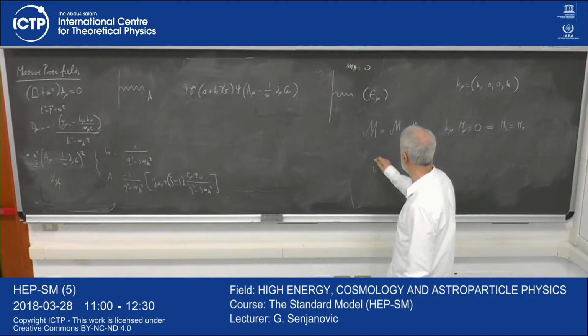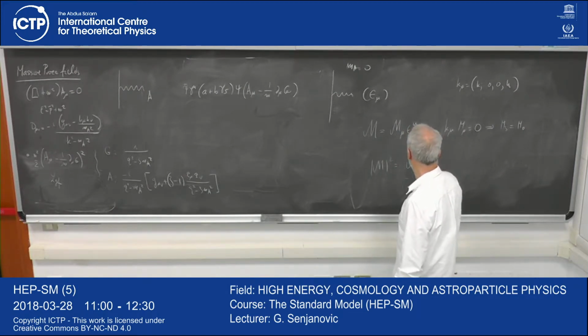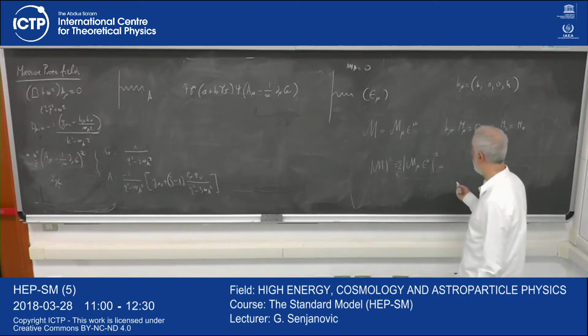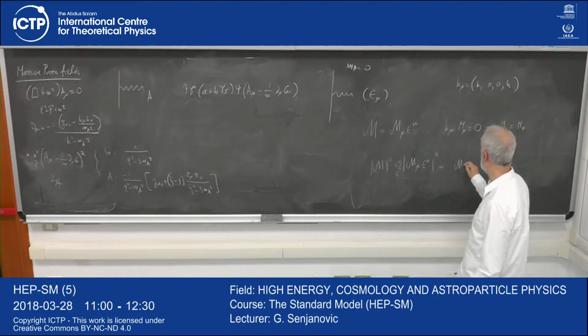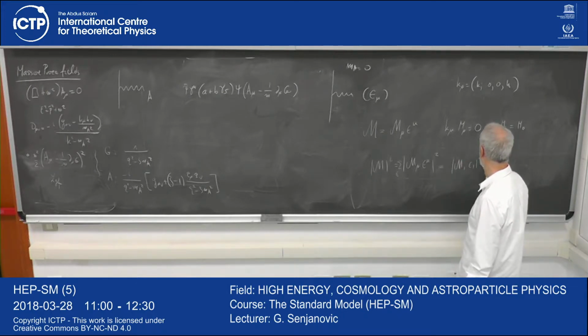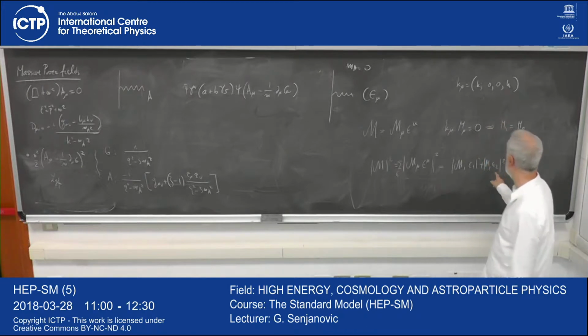So when I write M squared, which is M mu epsilon mu squared, sum over epsilon physical states, where we know we should have only M1 epsilon 1 squared plus M2 epsilon 2 squared. These are the different polarizations.